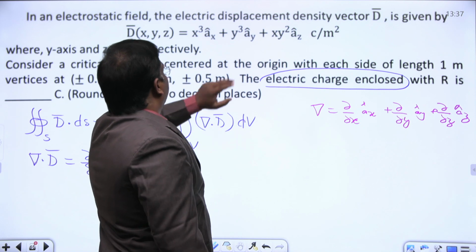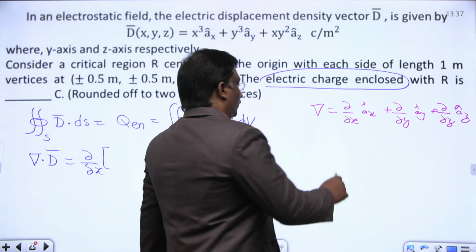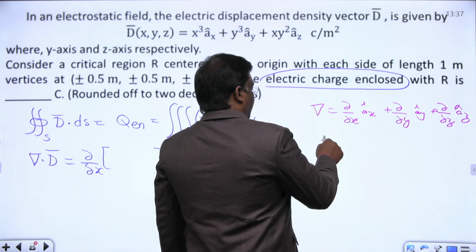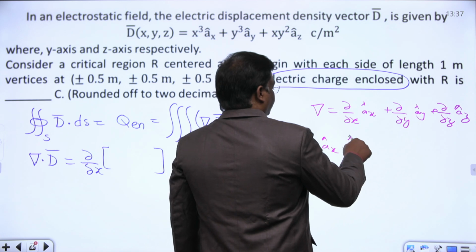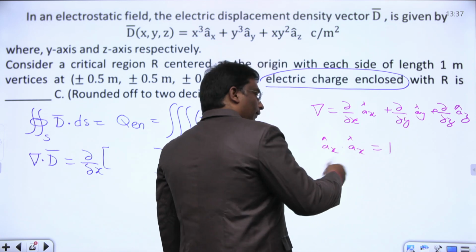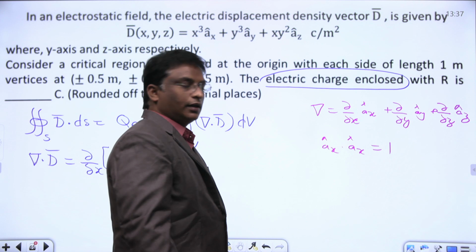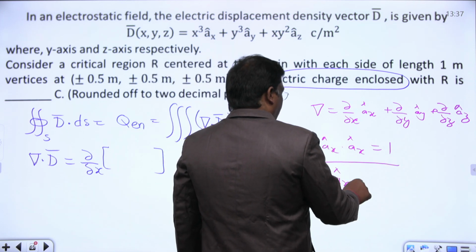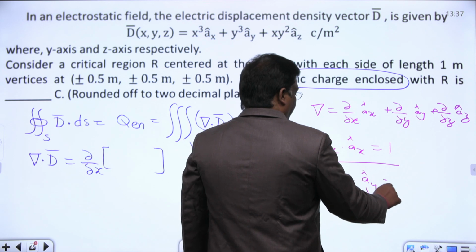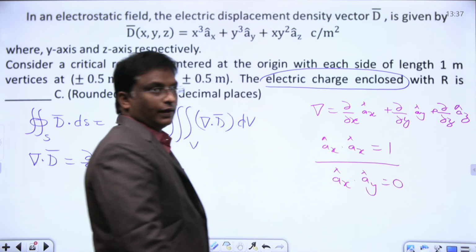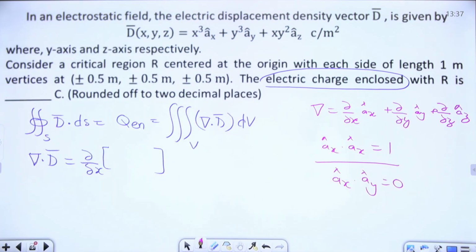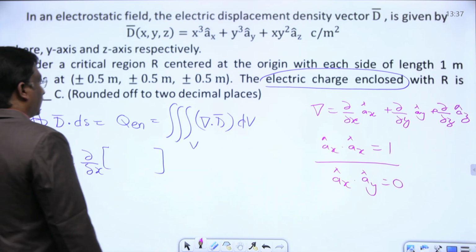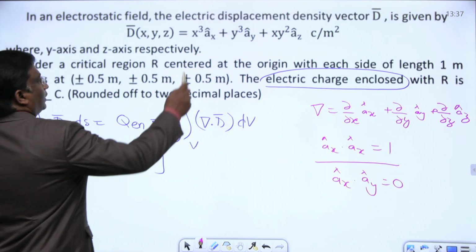We know ax dot ax is 1, ay dot ay is 1, az dot az is also 1. Similarly, ax dot ay is 0, since they are 90 degrees apart and the cos of the angle between them is 0. Let us calculate that divergence.